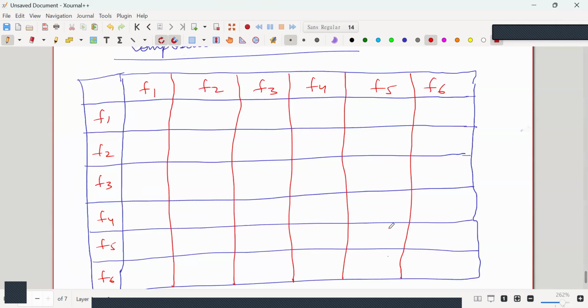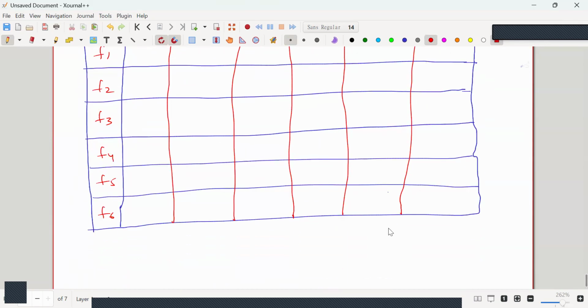Okay. So clearly F1 composed with Fi is same as Fi composed with F1, and that is Fi again for all i belongs to 1 to 6, right?